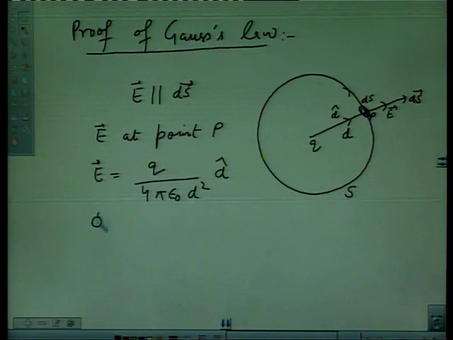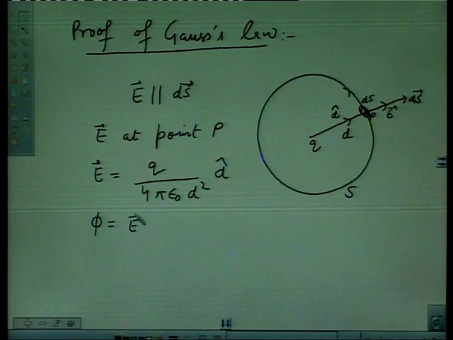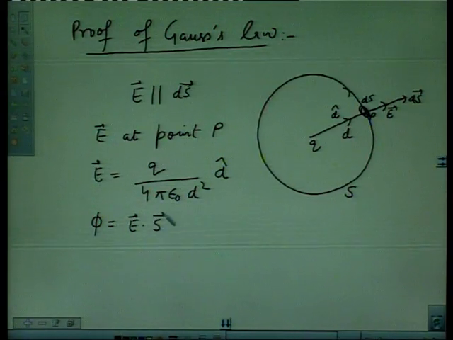Then we will take Gauss's theorem and prove it. We know that electric flux phi is equal to E vector dot S vector, where S is the total surface area of this closed surface.